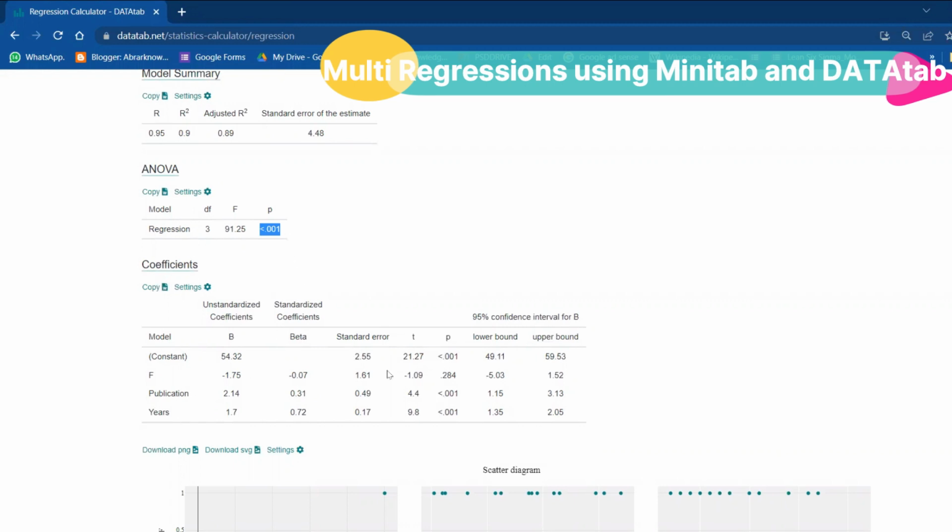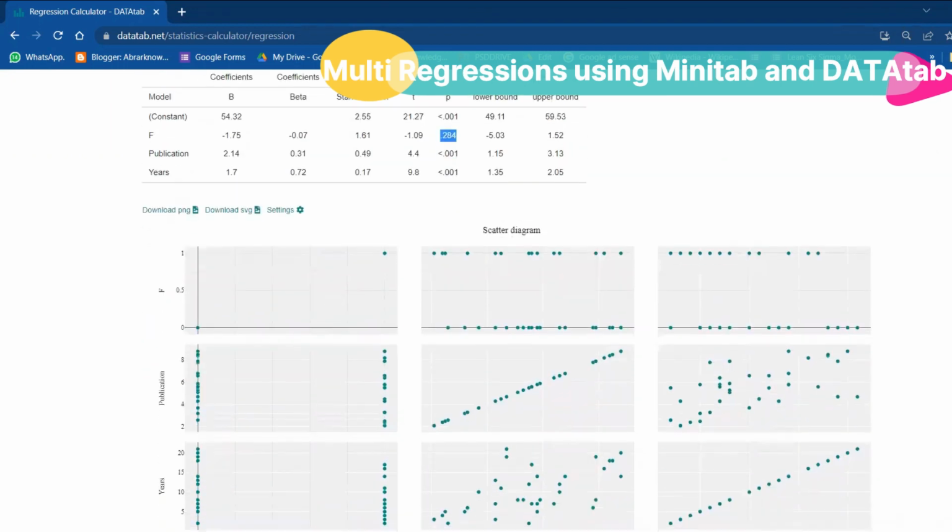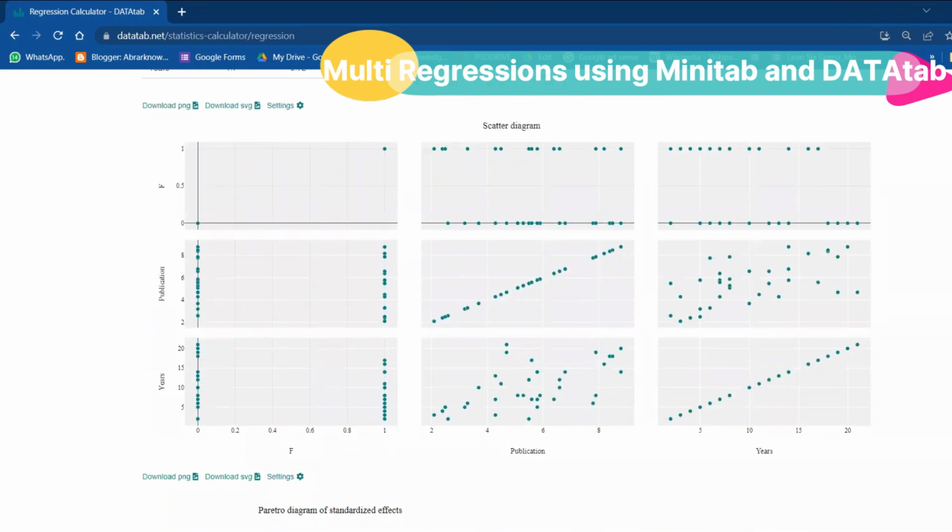And you can easily see the tail value and all that. It says that publication year is a significant value. That's what Minitab also gave, right? And male and female gender is not an important factor because 28.4 is greater than 5%. And you can see the values so beautifully given, right?